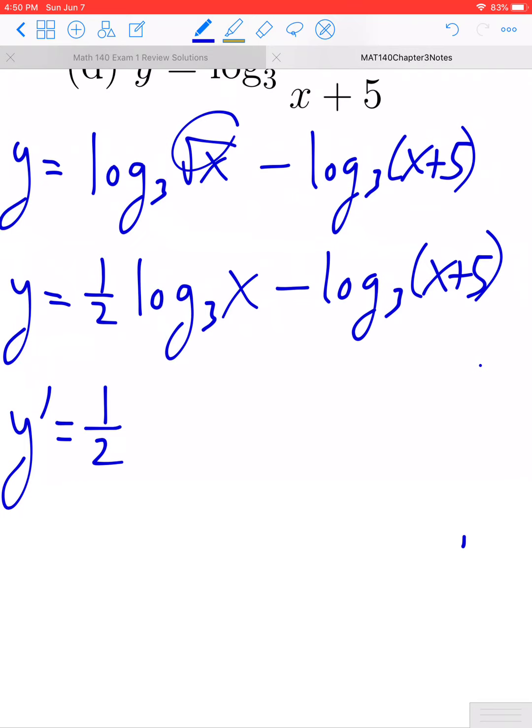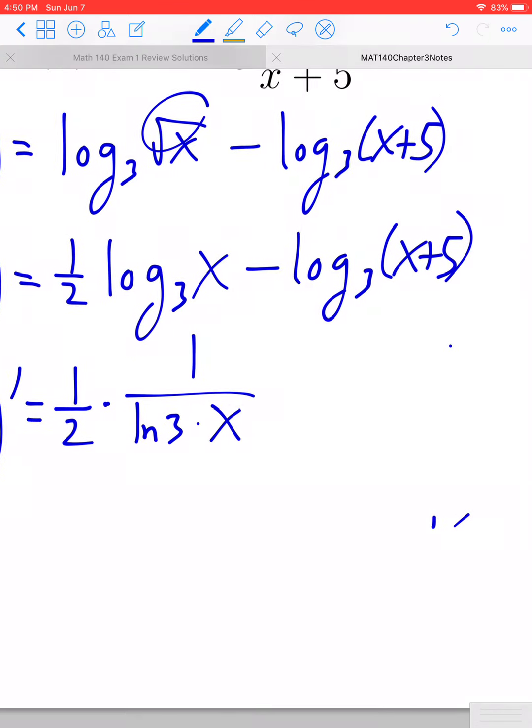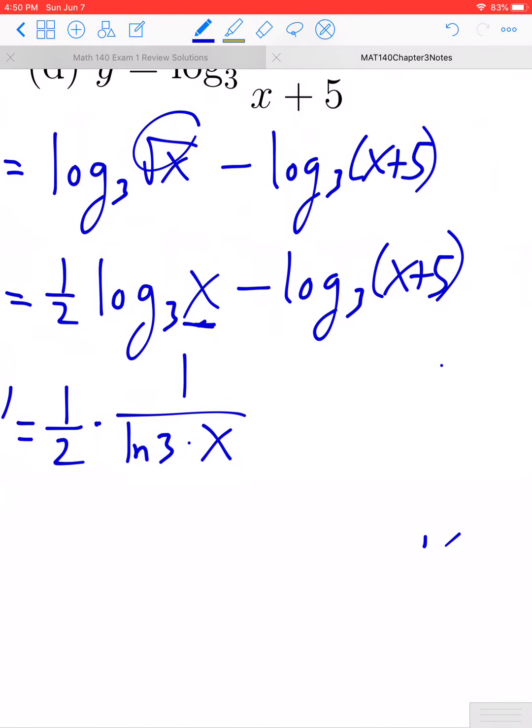This is going to be 1/2, a constant multiple, times a logarithm. The derivative of a log is 1 over the thing on the inside. Because it's log base 3, we also need to have the ln of 3 there as a multiple. And it was just a simple x on the inside, so that's not a chain rule problem. Minus, similarly, we're going to have 1 over the thing on the inside of the log, that's x plus 5, times the ln of 3.